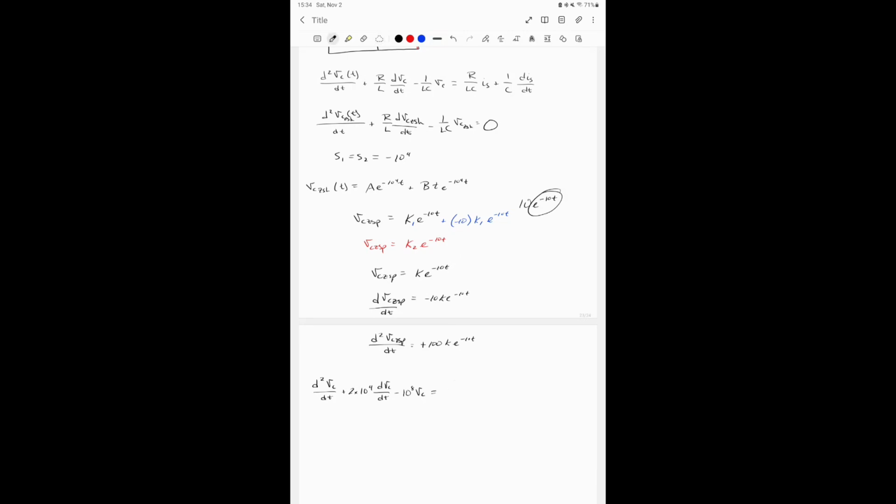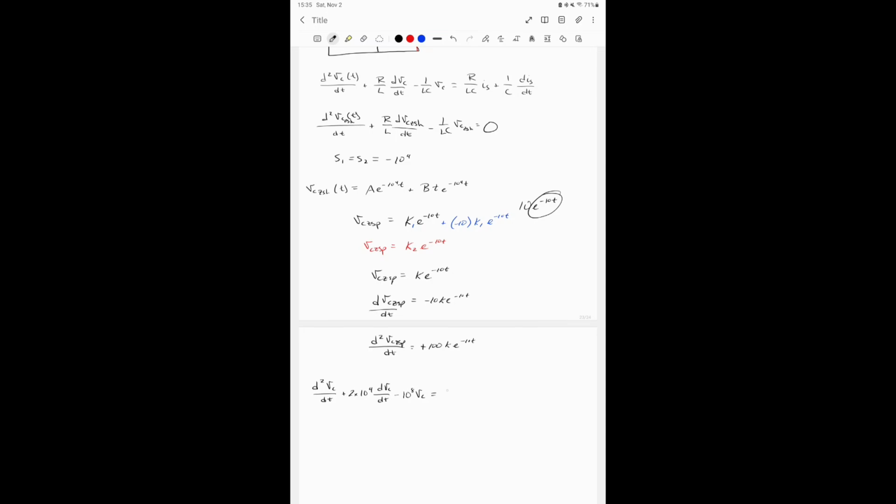R over LC is going to be 2 times 10 to the 9th times IS of t, and then plus 1 over C. Well, our 1 over C is 10 times 10 to the negative 6th, right? So 1 over that is going to be 10 to the 5th.